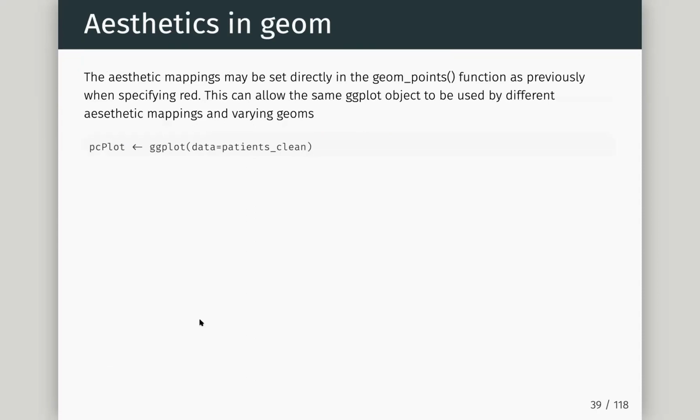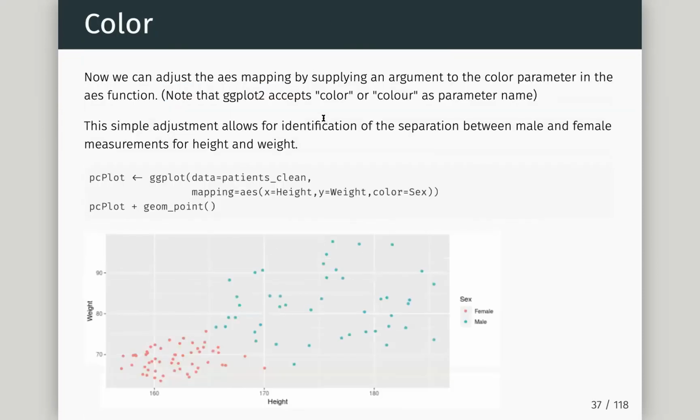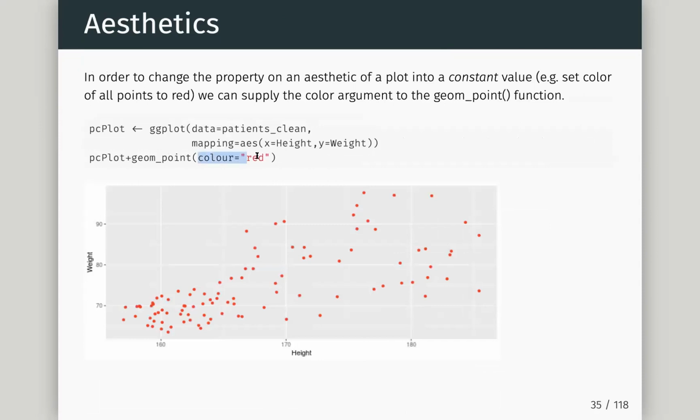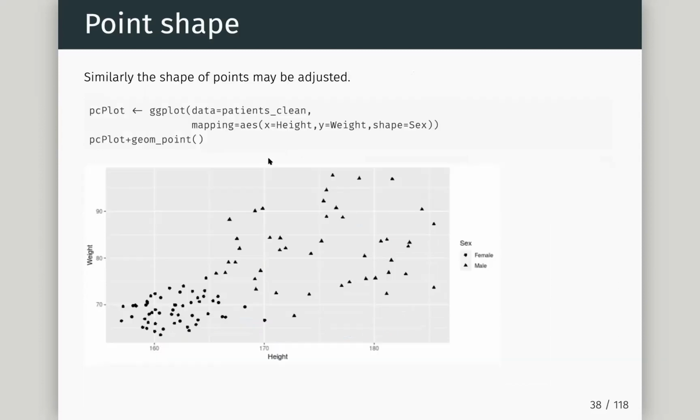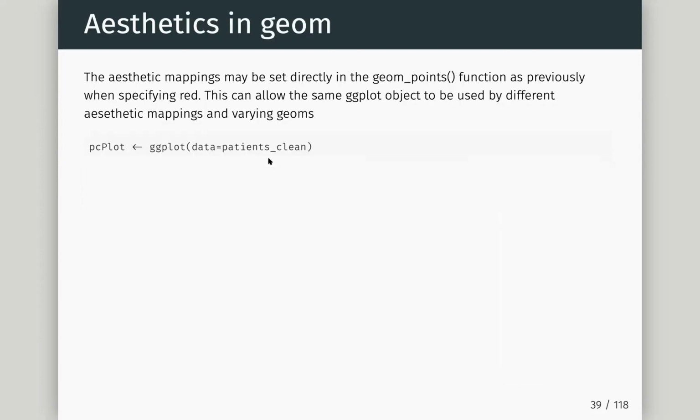Yeah. The aesthetic mappings can be set directly in the geom_point function as previously we specified. So just as we've done here, where I specified color equals red, I can actually put the aesthetic mappings into here. That just allows you to basically change your code less.